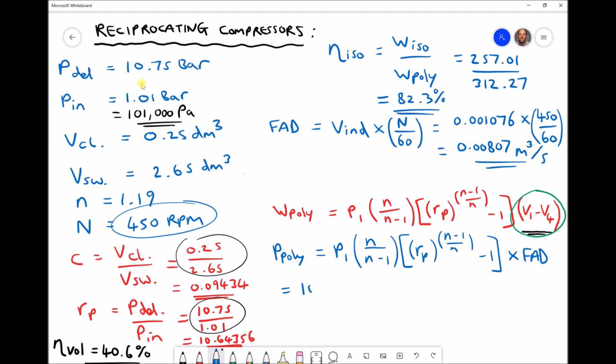So let's input some values. We have 101,000. n is 1.19, so n minus 1 is 0.19. Our compression ratio is 10.75 over 1.01. That is a ratio, so we don't need to convert that to SI units. To the power of n minus 1 over n, so we have 0.19 over 1.19, minus 1, times our free air delivery 0.00807.